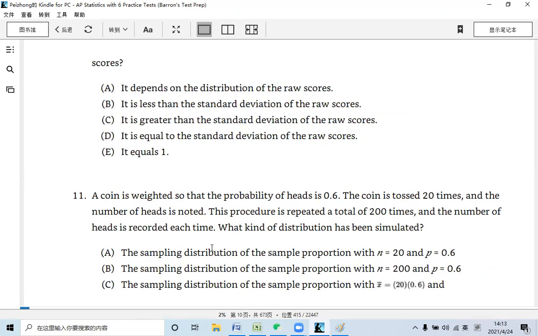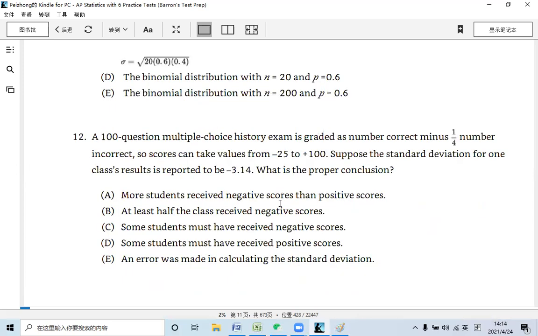What kind of distribution? It is either head or tail, so it has to be binomial. It's a binomial distribution.